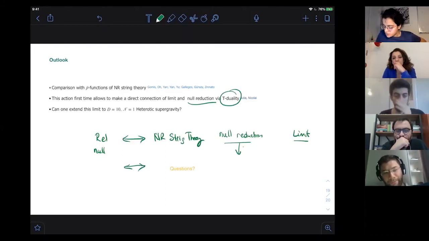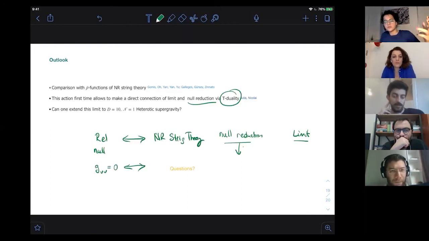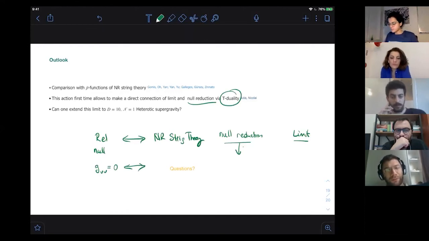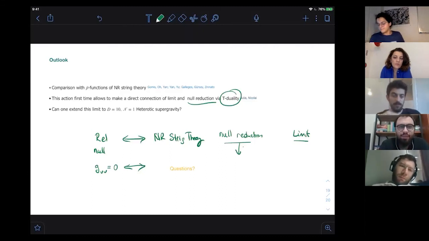And it is also known that the action with null isometry cannot give you the Poisson equation. The basic reason is that you set G_UU to 0, then you can't get the equation of motion for that metric component. Well, I'm not sure whether that became a bit more complicated, but if you have any questions, please ask. I will stop here. Thank you very much.